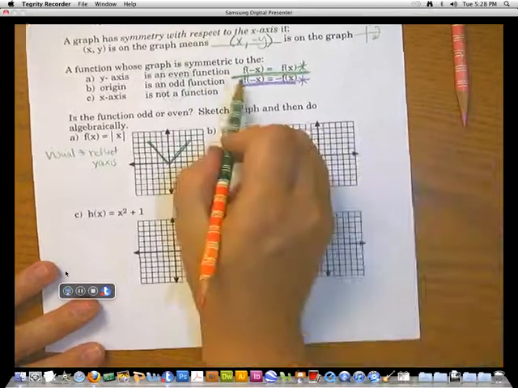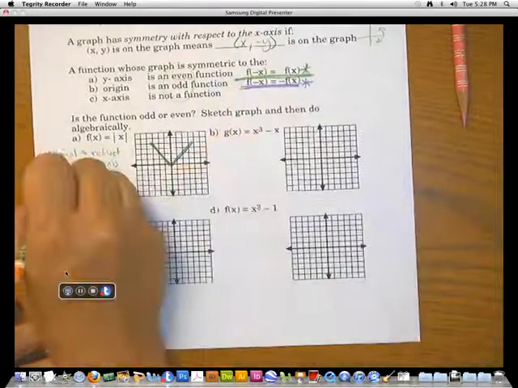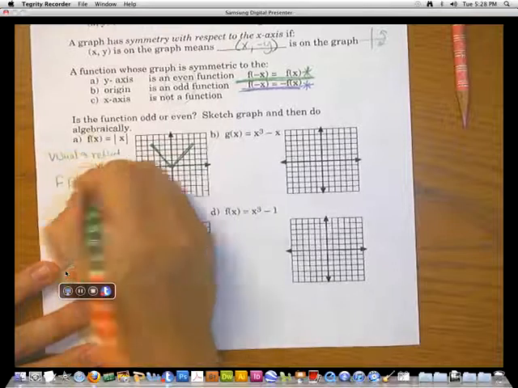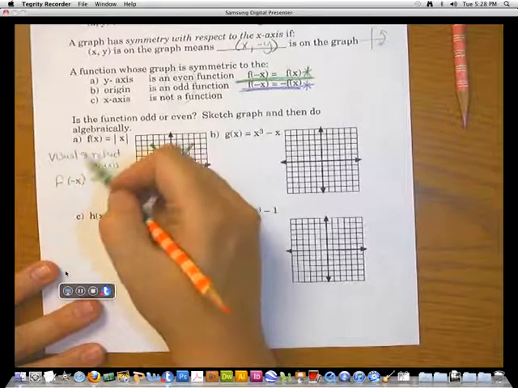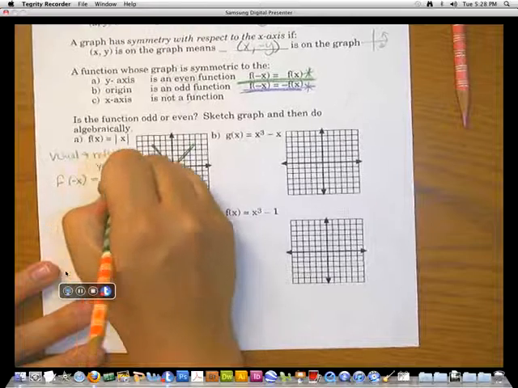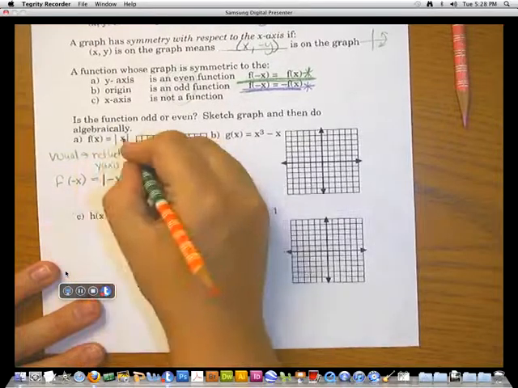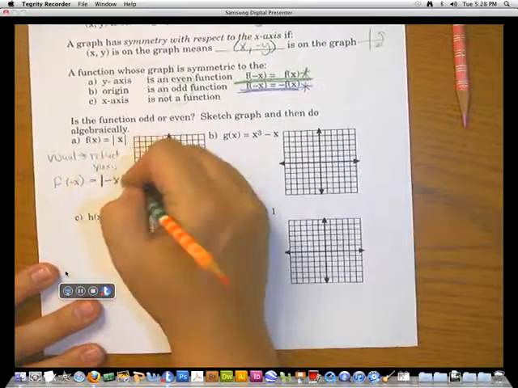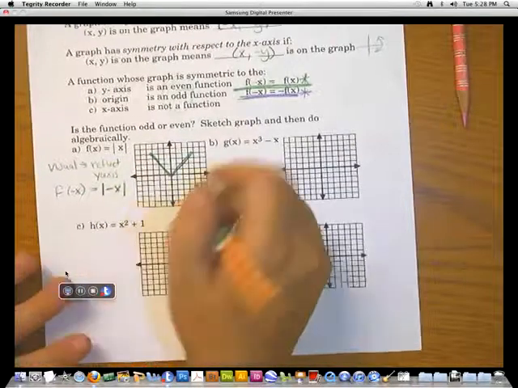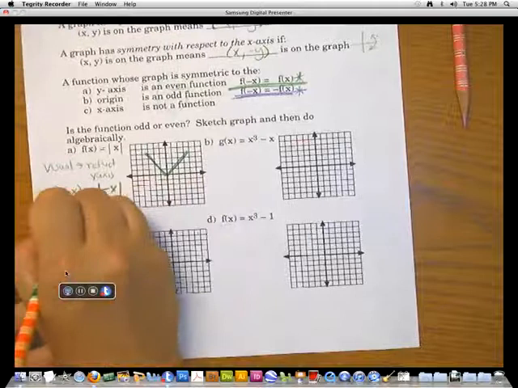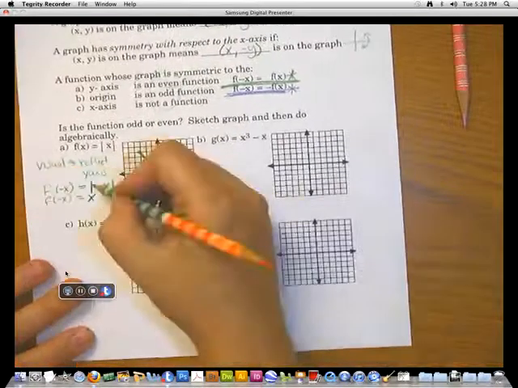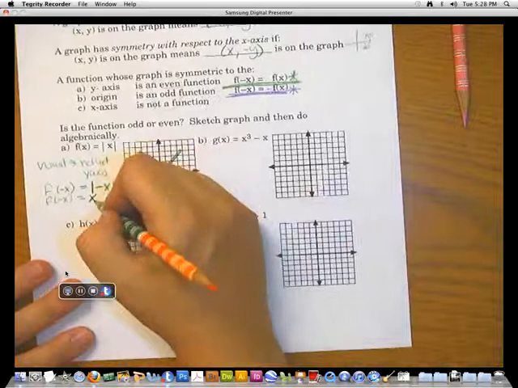algebraically. So if that's the case, if I go f of negative x, that means I'm replacing x with negative x. I'm doing that substitution. Then f of negative x is the same as the absolute value of x, because the absolute value of a negative is a positive.